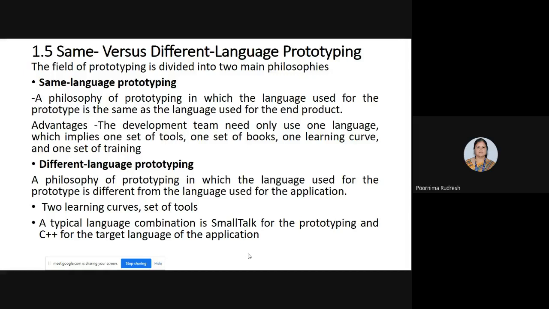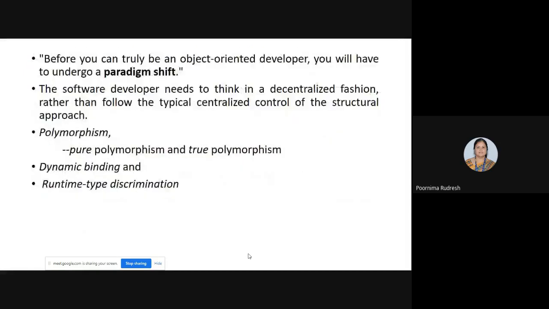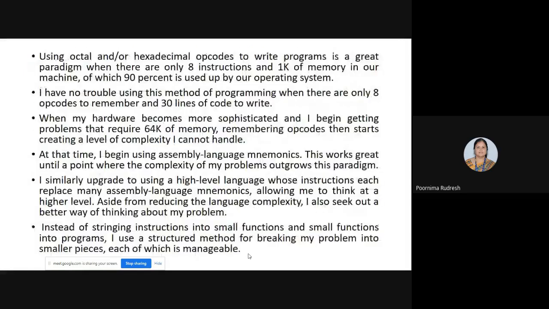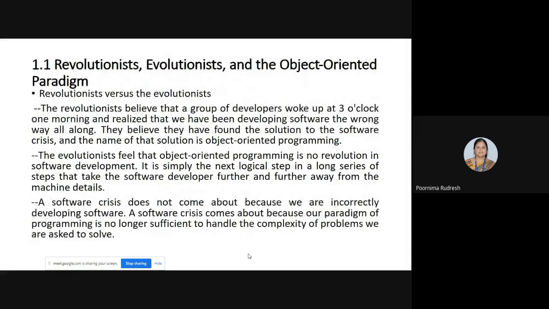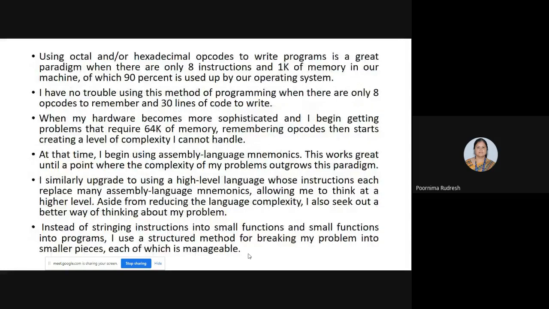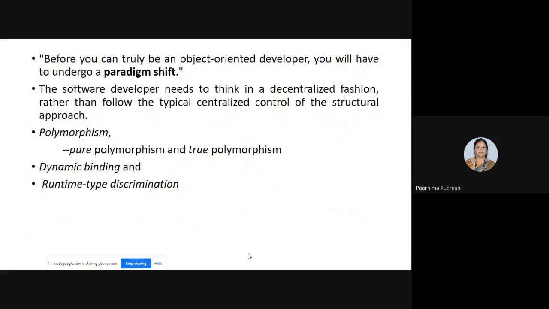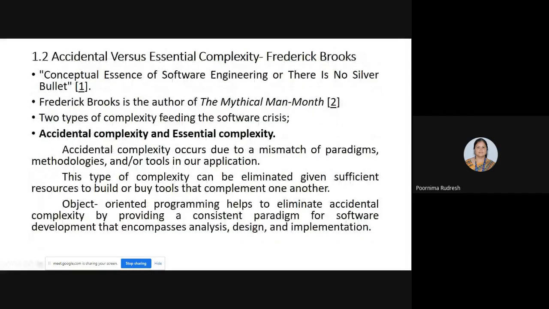Frederick Brooks published a paper in the IEEE Computer transactions, titled The Conceptual Essence of Software Engineering: No Silver Bullet.